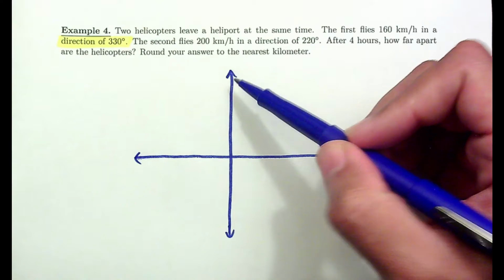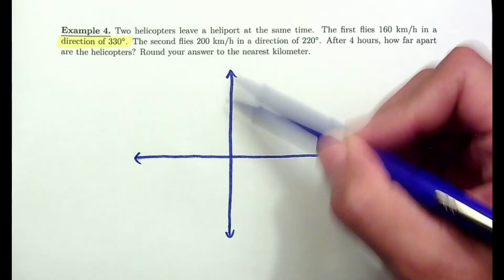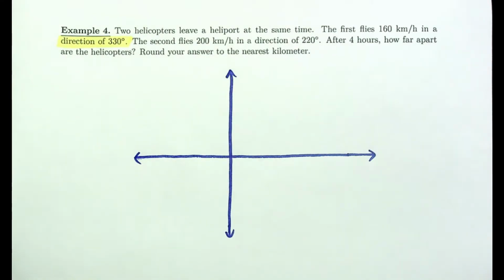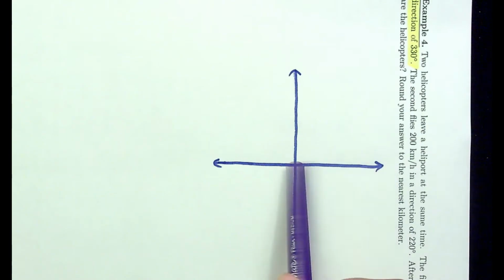So when they say 330 degrees, I measure from here. I'm going to rotate this picture because it's going to be easier to draw that. 330 degrees is almost a full circle. It's almost 360. You're only 30 degrees short.